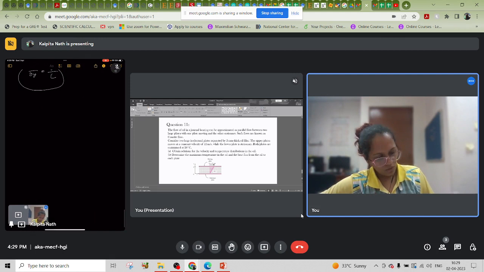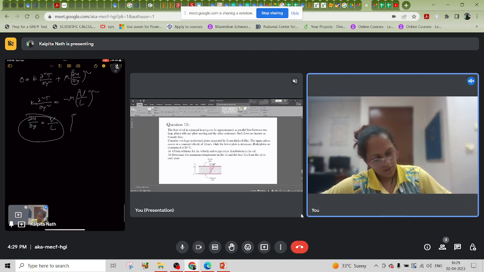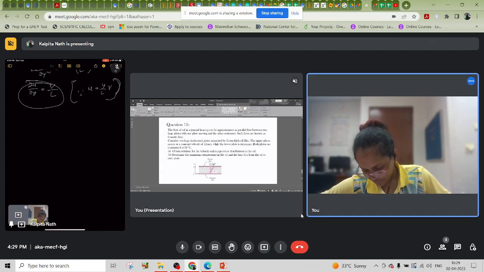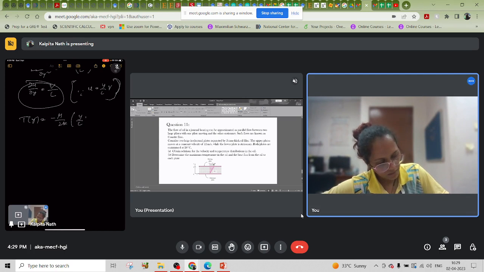Since u is equal to y by L into V, now dividing both sides by k and integrating twice, we get T of y is equal to minus mu by 2k times y by L V whole square plus c3 y plus c4.